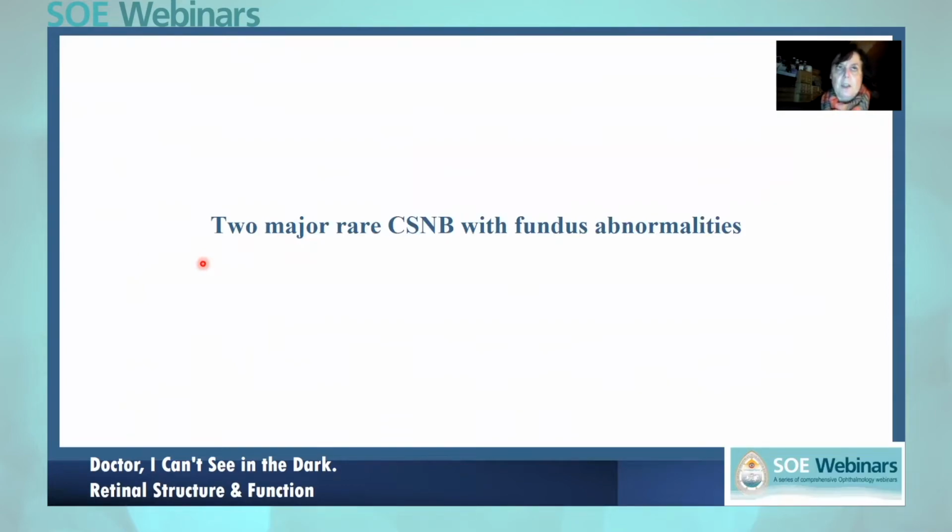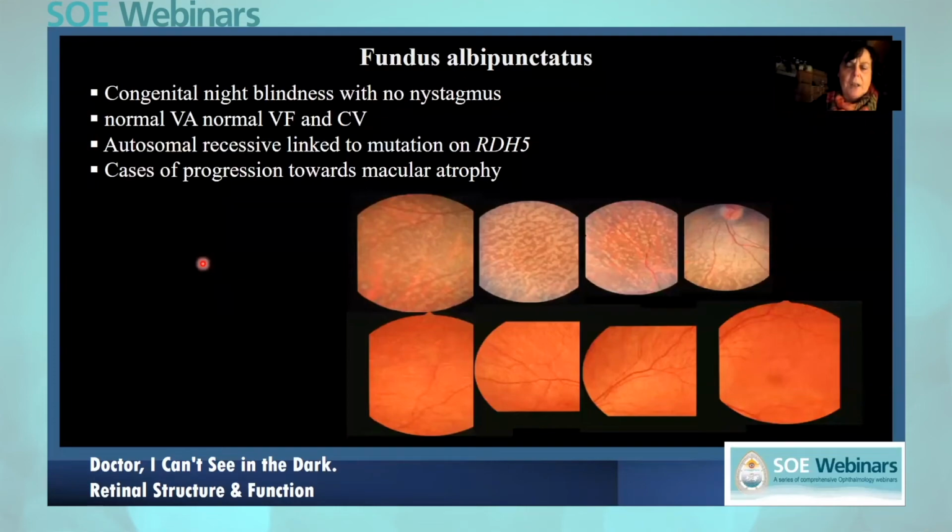Aside from this CSNB with normal fundus, there are other types of CSNB with abnormal fundus, such as fundus albipunctatus, characterized by these little white dots. This is a recessive disorder linked to RDH5 mutation involved in the retinoid cycle.